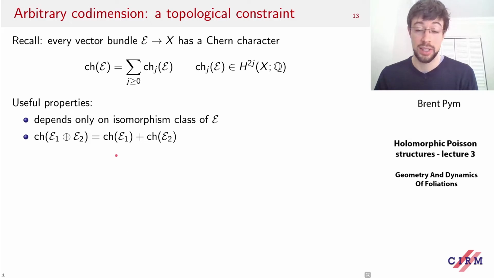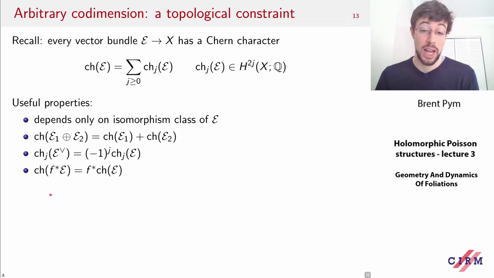The next property is that if I take the direct sum of two vector bundles, then the Chern character is additive. So the Chern character of the sum is the sum of the Chern characters. You could also imagine replacing a vector bundle with its dual, and this has the effect of flipping the sign of the odd components of the Chern character. So whenever j is odd, you get a minus sign, and whenever j is even, the sign stays the same.